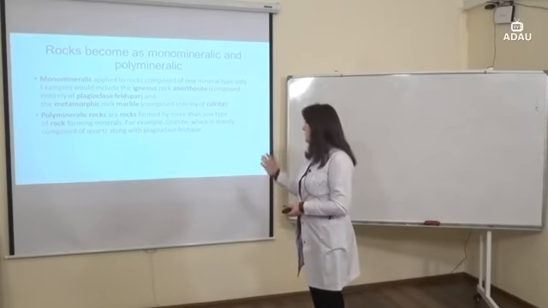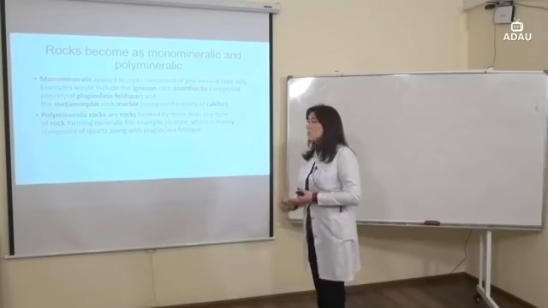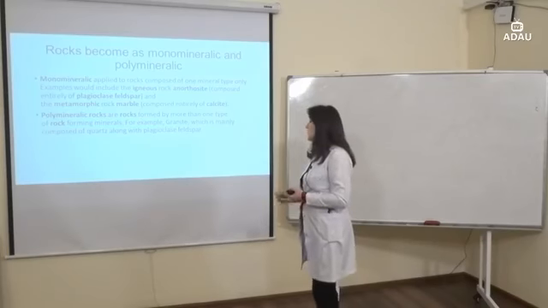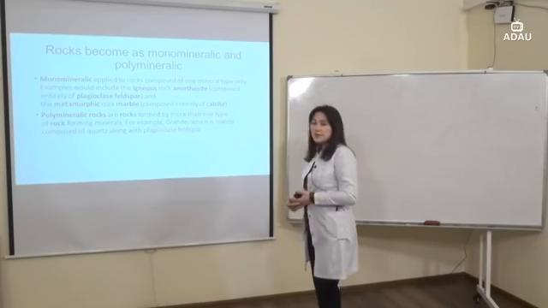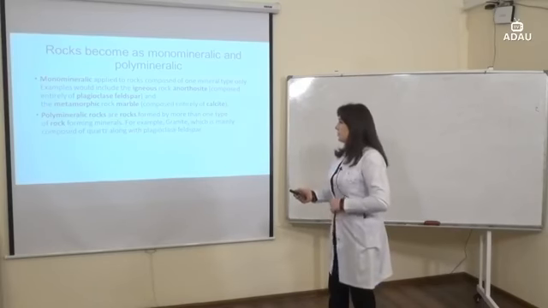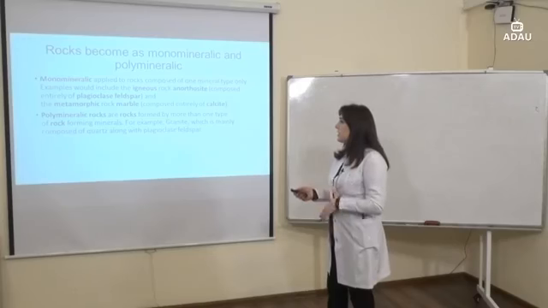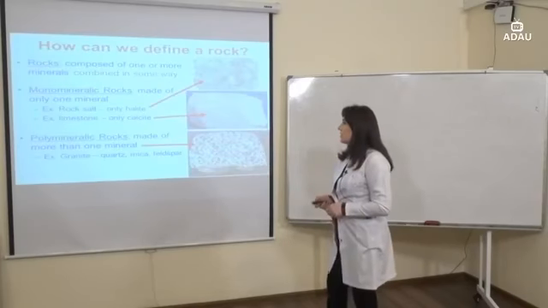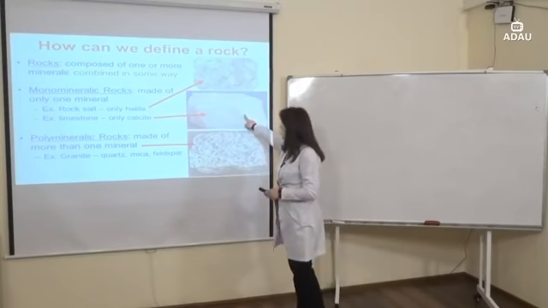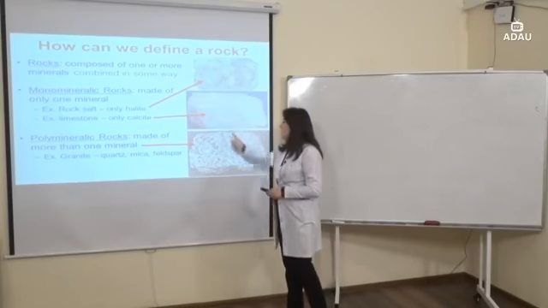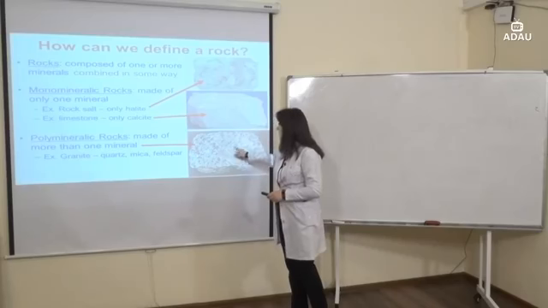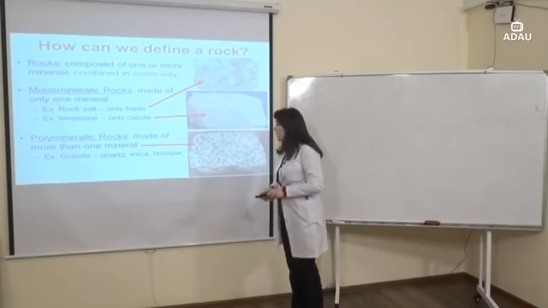For example, granite is an igneous rock composed of quartz, plagioclase, feldspar, micas, and so on. These are the two forms, monomineralic and polymineralic rocks. From the picture, we easily understand that this is monomineralic because there is one color, and this is polymineralic, where two or more minerals exist.